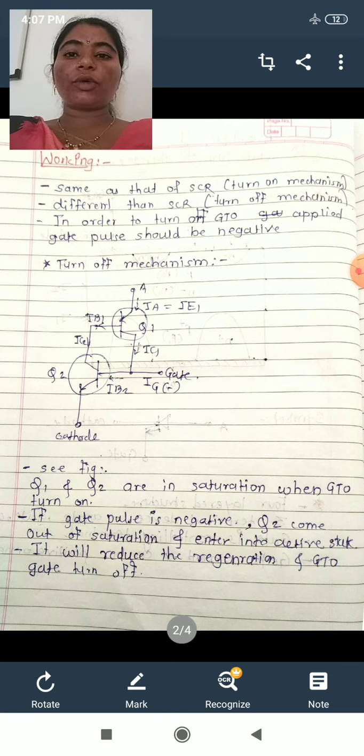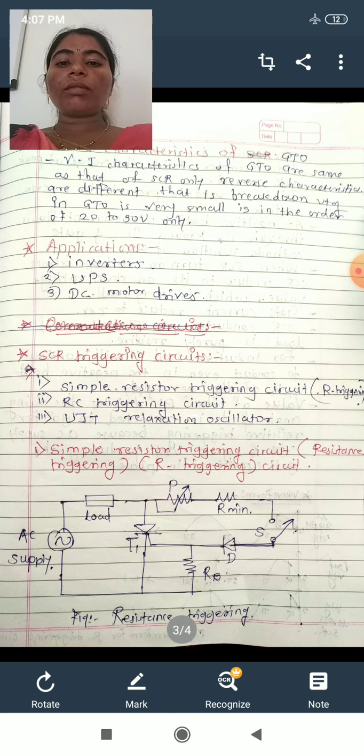So when we have to turn off the GTO, it is necessary to apply a negative gate pulse.